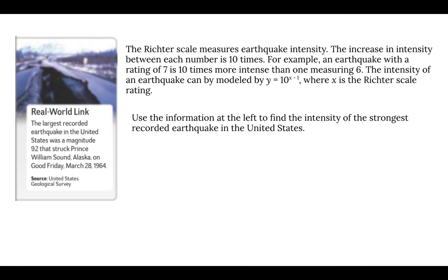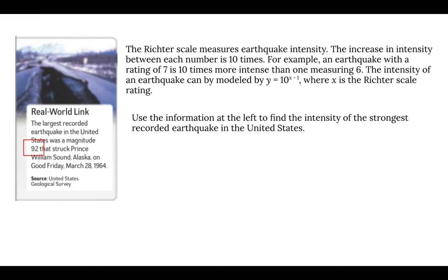Now we're going to use this information over here on the left to find the intensity of the strongest recorded earthquake in the United States. It says the largest recorded earthquake in the United States had a magnitude of 9.2. That struck Prince William Sound, Alaska on Good Friday, March 28, 1964.